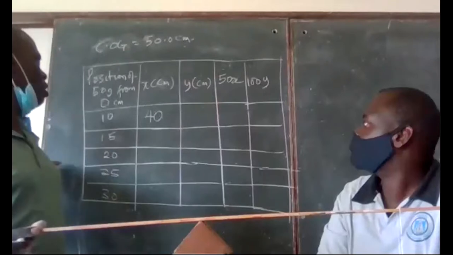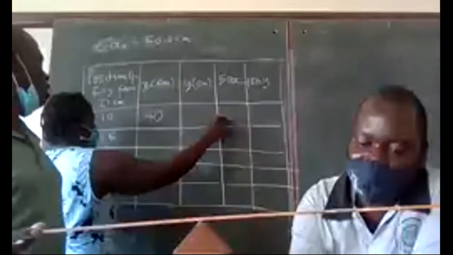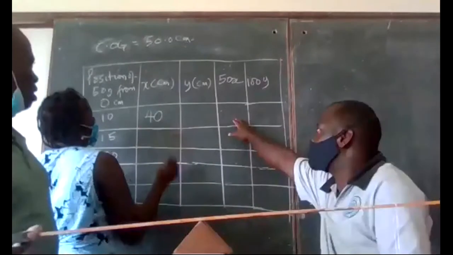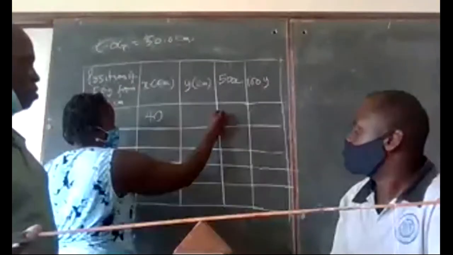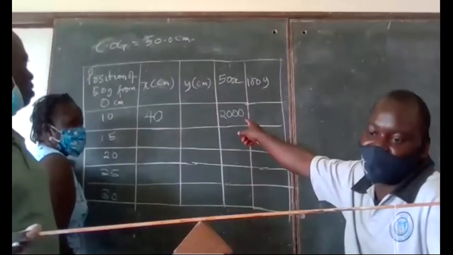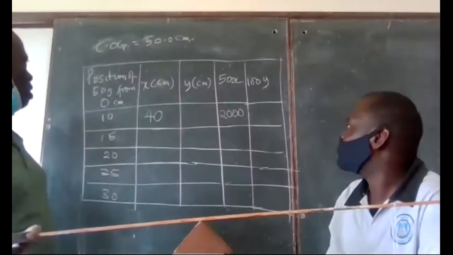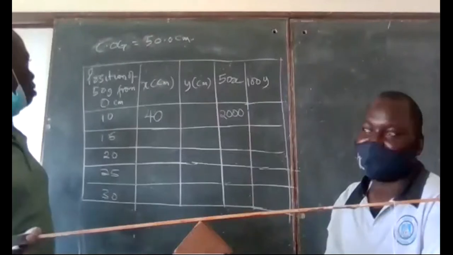We want to fill this column, 50 times X, the product of 50 and X. Can someone tell us what this stands for, from what we learned, when we multiply weight by distance? Let us keep that value and maintain it.